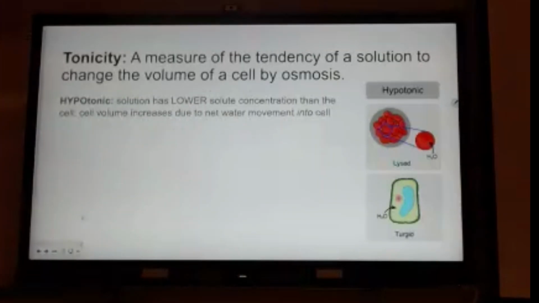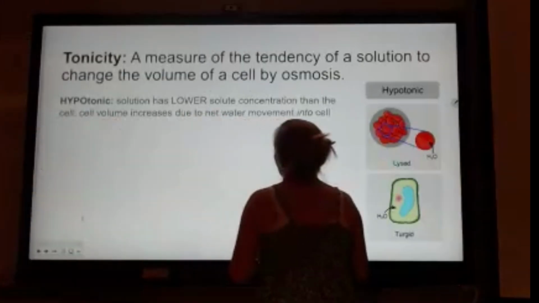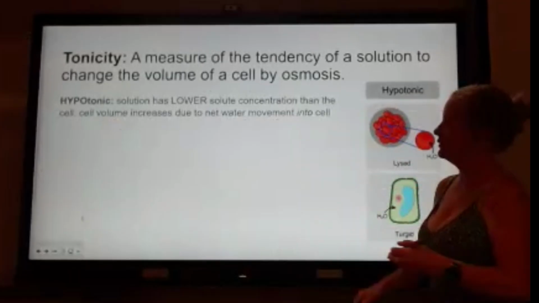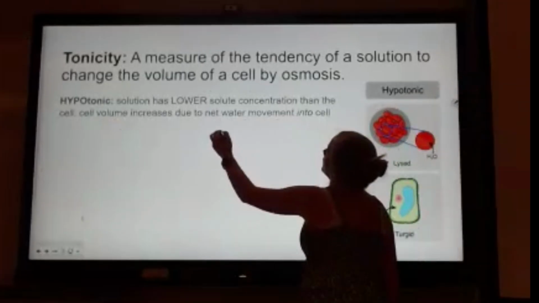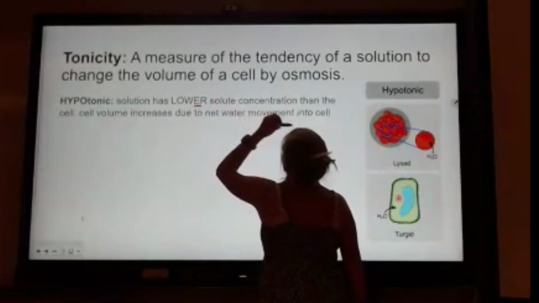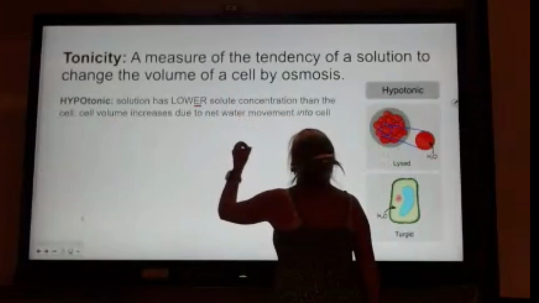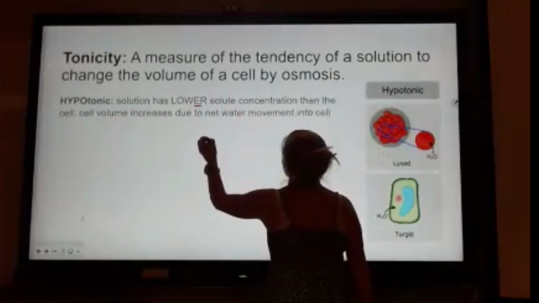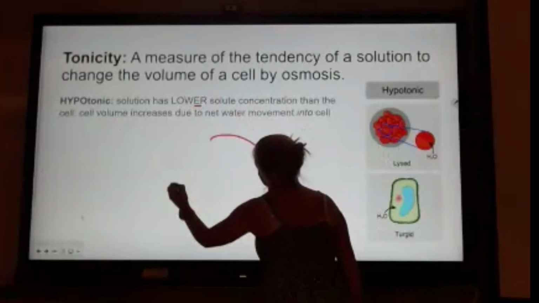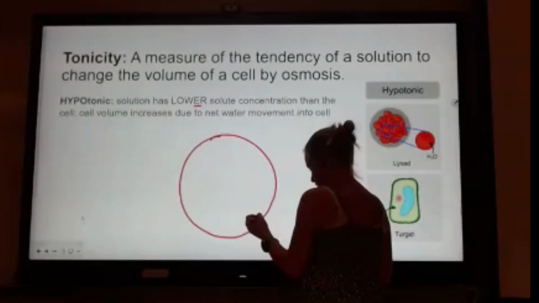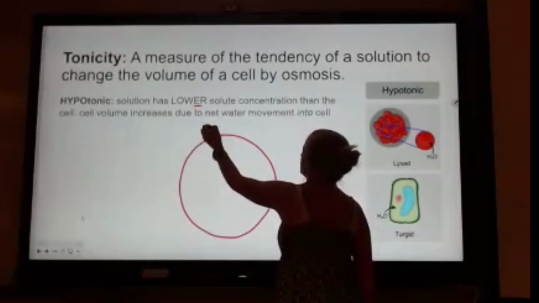Then we have to do some mind meltiness. In a hypotonic solution, we're going to have a lower concentration outside of the cell than inside of the cell. So our solutes are red. Here's our cute little cell again.